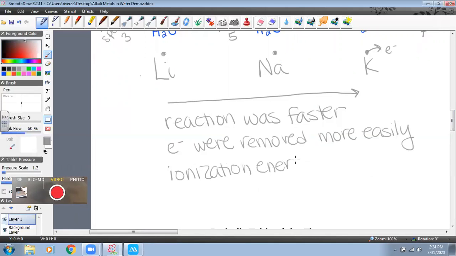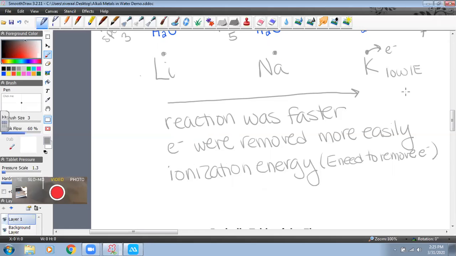This is the energy needed to turn something into an ion. This is the energy needed to remove an electron. Energy needed to remove that valence electron. So if this one was easy to remove, it must have meant that it had a low ionization energy.